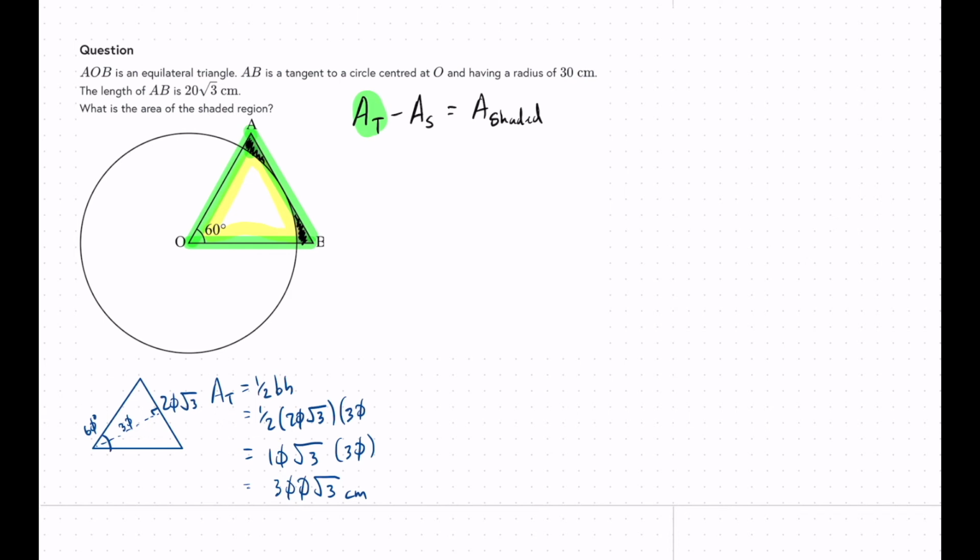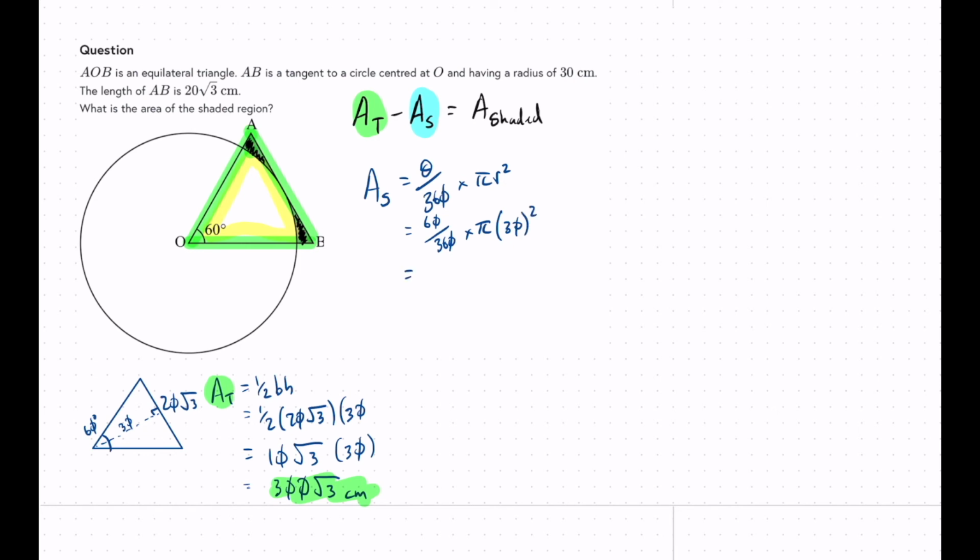So now that we've got this, we're going to figure out the area of the sector. The area of the sector is equal to, remember, the part of the whole circle, and we need the angle and the radius, which remember is 30.